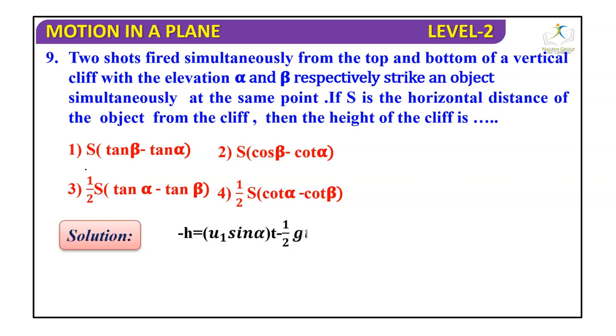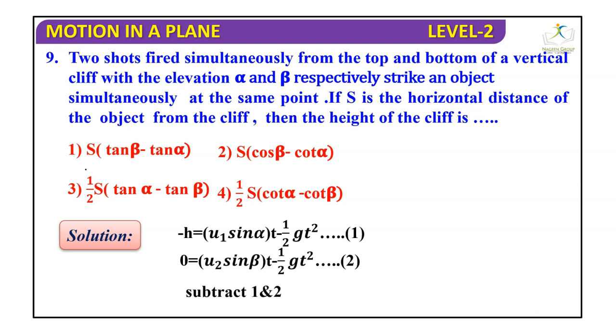Solution: minus h is equal to u1 sin alpha times t minus half g t square. It's equation number 1. At the maximum height, if I'm taking the value of h as 0, then 0 is equal to u2 sin beta t minus half g t square.